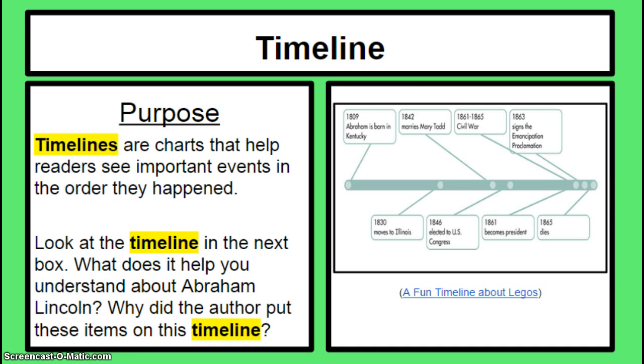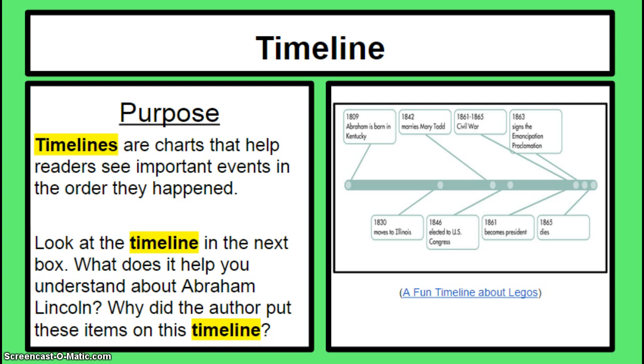All right. Can you see some of those events? If you zoom in, you might be able to read them better. And if you want a really cool timeline later, check out that link there about the timeline about Legos. Totally awesome. But anyway, okay, let's get back to this. So look at the timeline in the next box. What does it help you understand about Abraham Lincoln?